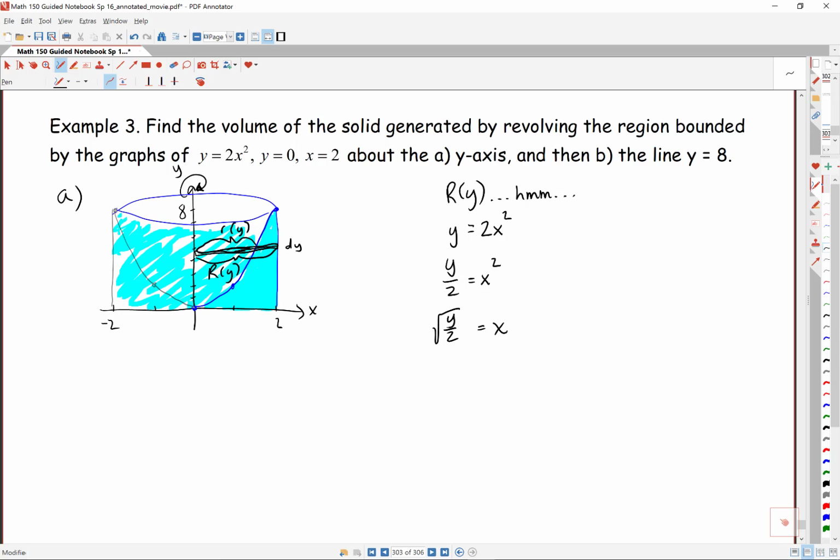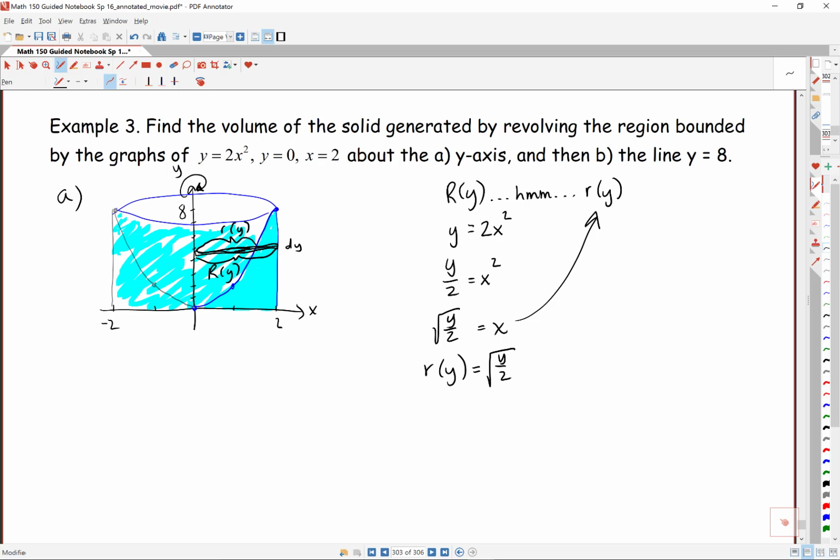So now that one is going to be which one? Capital R of y or small r of y? Beautiful. It's going to be our small r of y. So r of y, little r of y, is equal to the square root of y over 2.